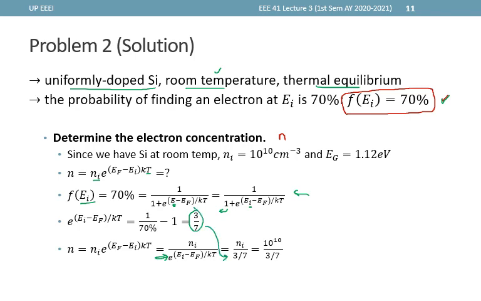And then ni is 10 to the 10, and so we should be able to now compute the n, which turns out to be 2.33 times 10 to the 10.